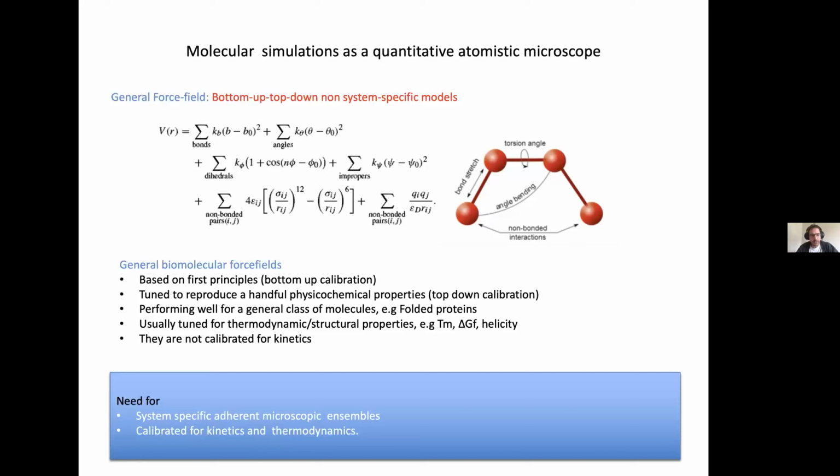So given that potential energy function, we're able to get a structural ensemble. We are able to get in good resolution structures, populations, which is the thermodynamics, but also the interconversion timescales.